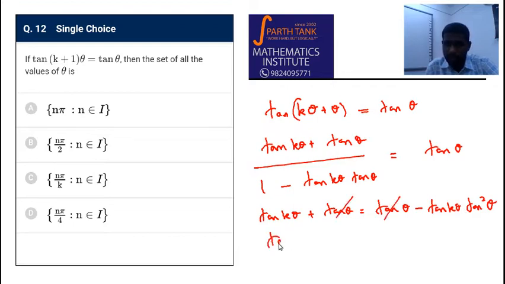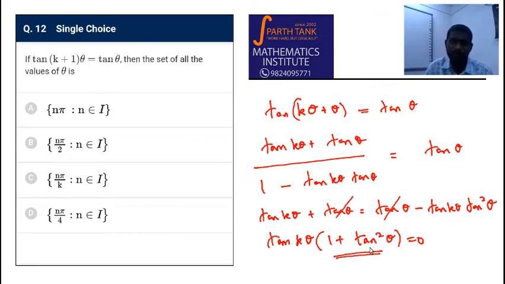So if I bring it to this side, I get tan k theta into (1 plus tan squared theta) is 0. Okay, tan k theta, and here plus tan k theta tan squared theta. So I take the tan k theta common. Now 1 plus tan square theta cannot be 0 because it is a sum of two squares, right? So tan k theta has to be 0.